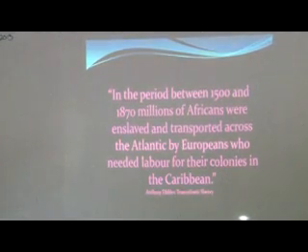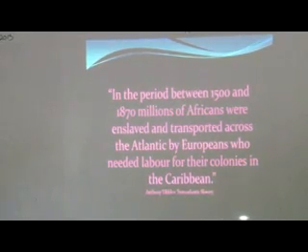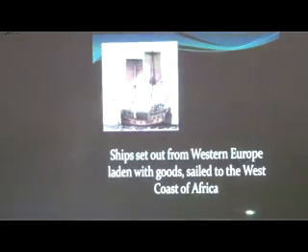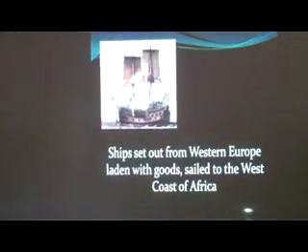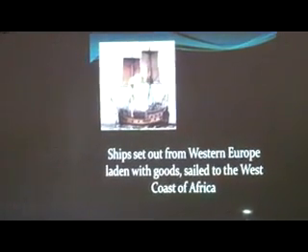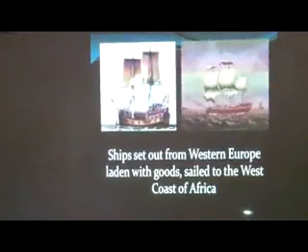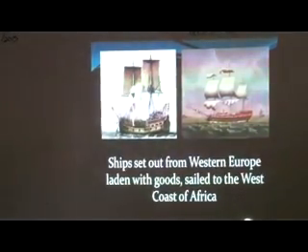Ships from Western Europe, laden with goods, sailed to the west coast of Africa.